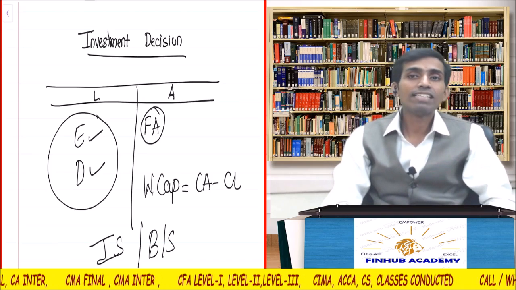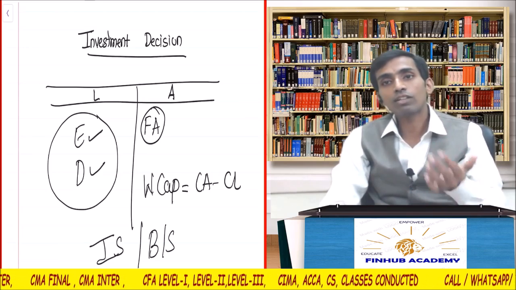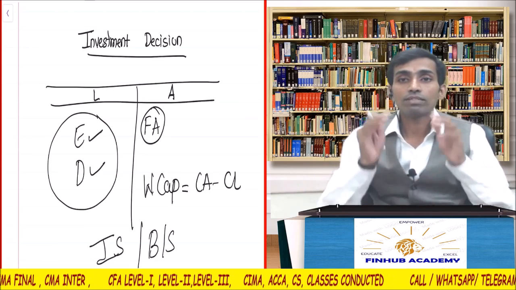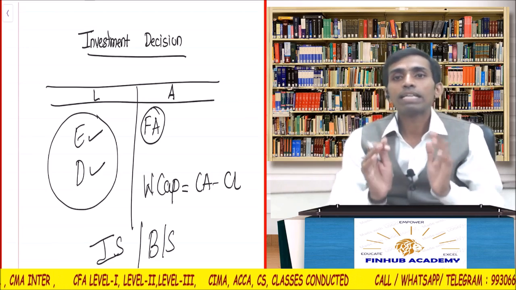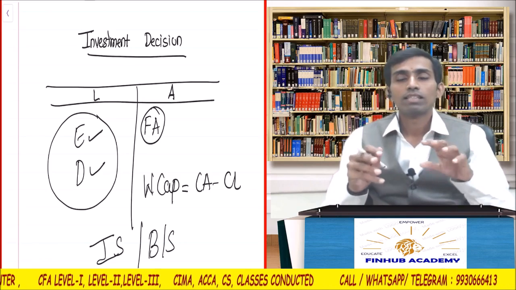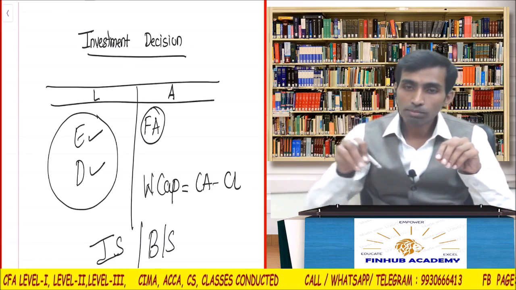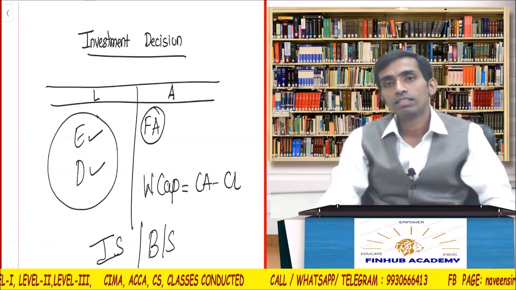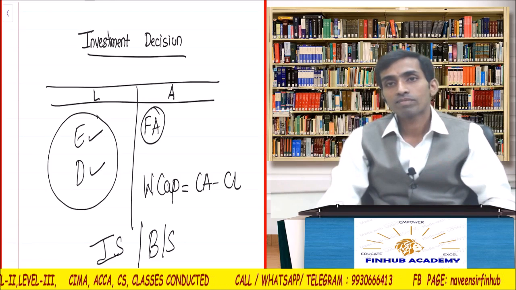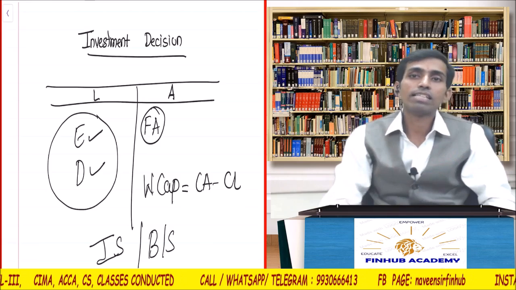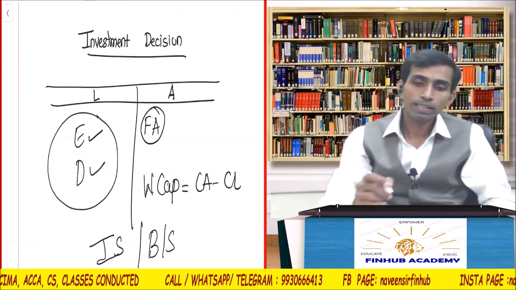Then there is dividend decision, whether the company should declare a dividend or not. So I have given you the overall view: we are moving around the balance sheet, studying it overall. Okay, let's start.